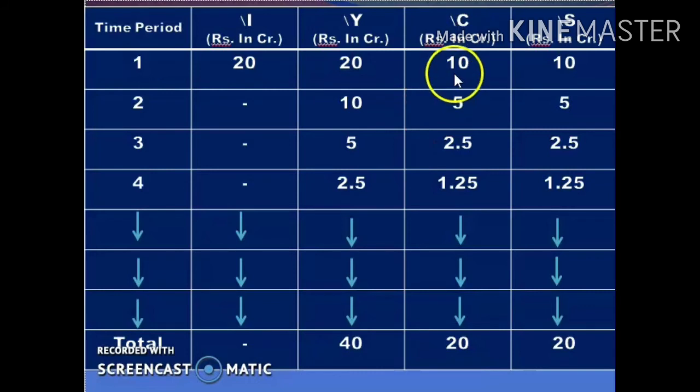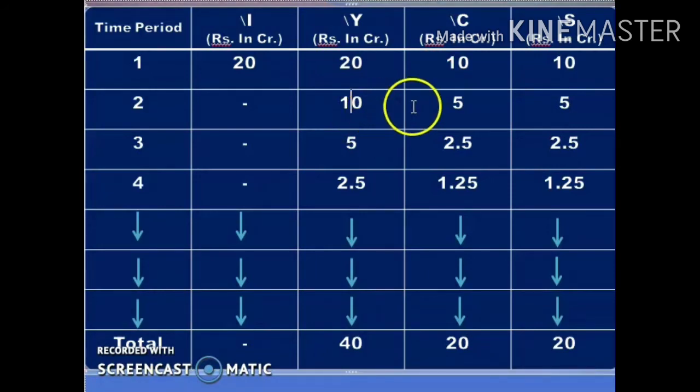So you write the same value here, 10. Next, multiply delta Y into MPC and you will get 5. Next, subtract these two and you will get 5.